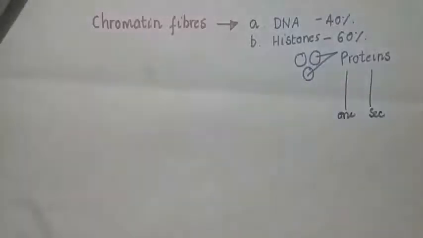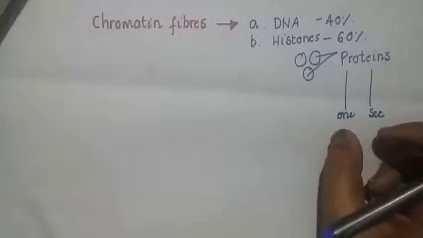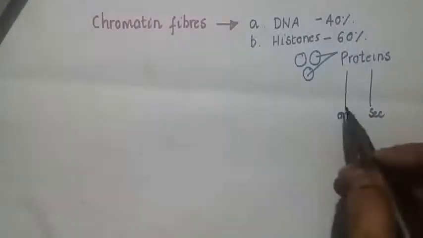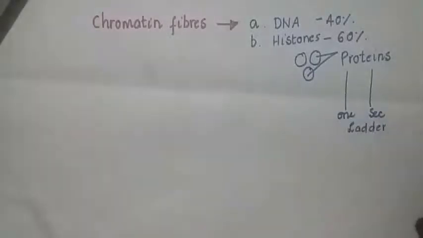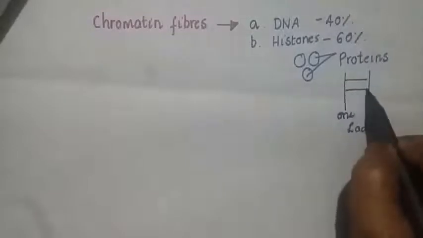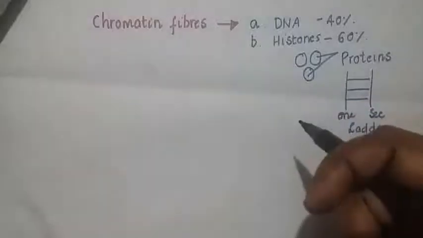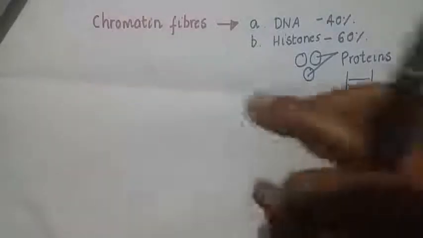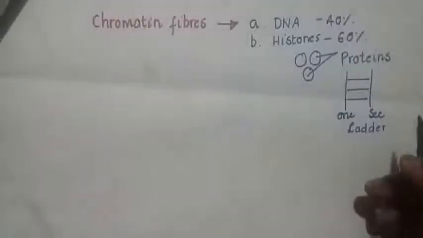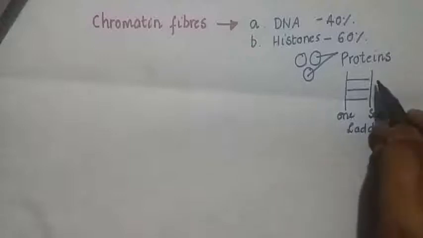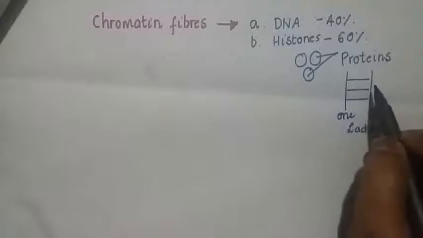DNA is nothing but a structure made up of 2 strands which is twisted, which can be compared to a ladder with the steps, and this ladder is actually twisted. You can say that DNA is a spiral or twisted ladder-like structure made up of 2 strands.